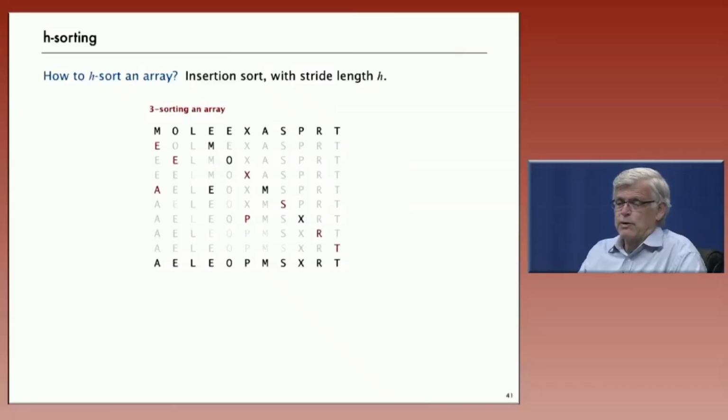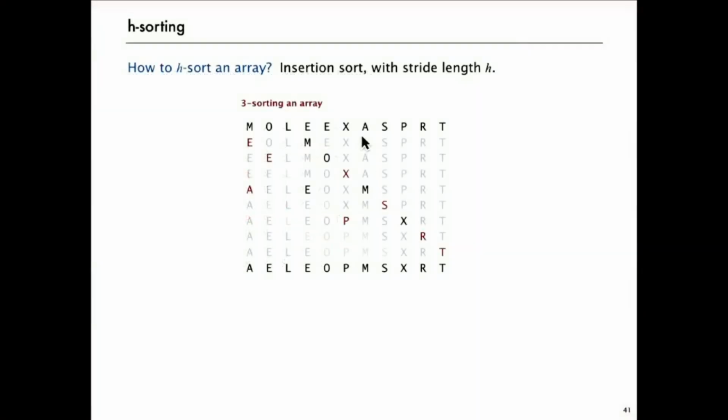So first thing is, how do we get an array H-sorted? That's actually pretty easy. We just use insertion sort, but instead of going 1 back every time we come with a new item, we go H back. So for example, when we come to this A in the insertion sort, then we look at the array before that, and there was M and E in the positions 3 back.